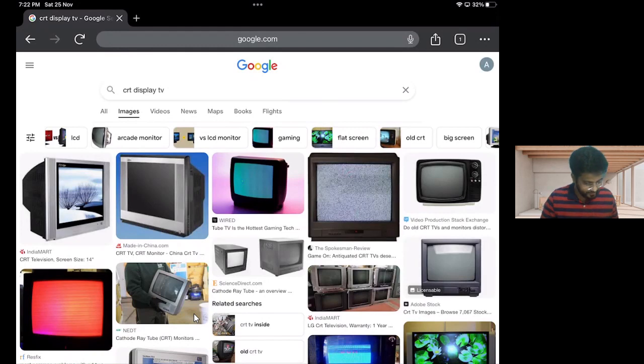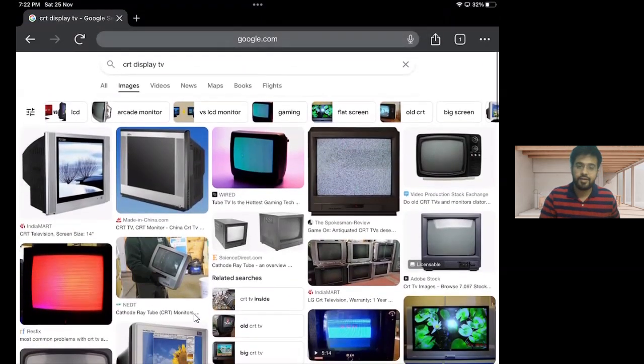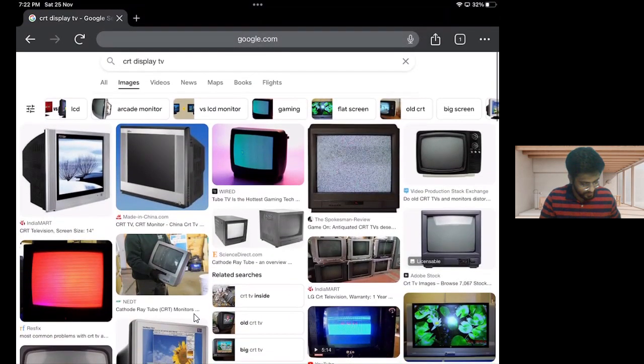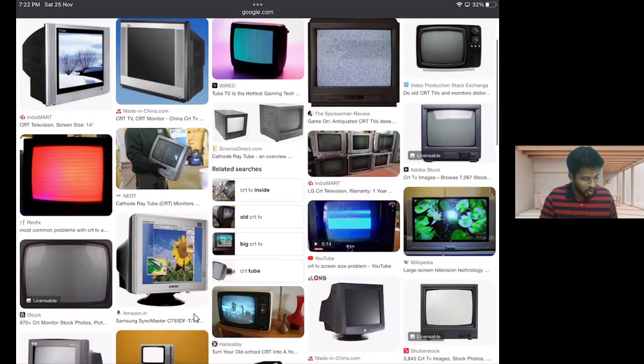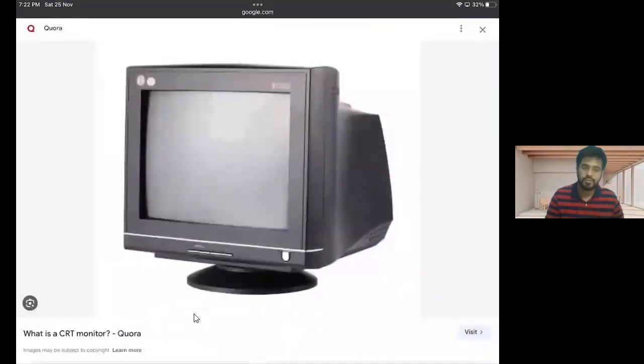If you can see, these are the CRT display TVs. These have a long body and they were bulky and heavy. They were very problematic earlier. Now this technology is very much outdated, not used in common terms. Why? Because we have slim, trim TVs.